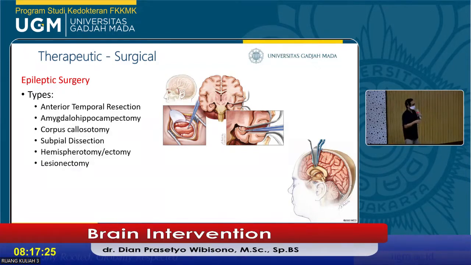So we have to remove that part. So principally, we have to remove the part that caused the epilepsy. How do we know which one we have to remove? That is Dr. Desin's job, to know where is the one that we have to resect.